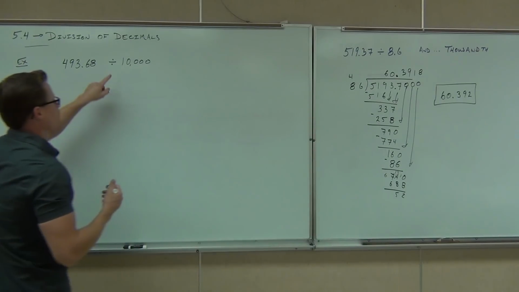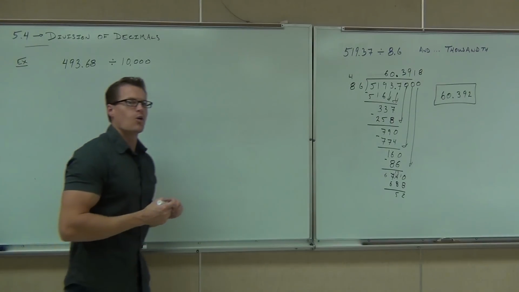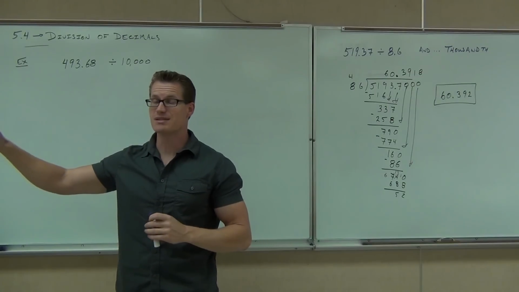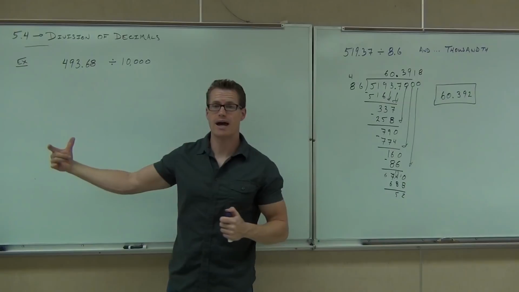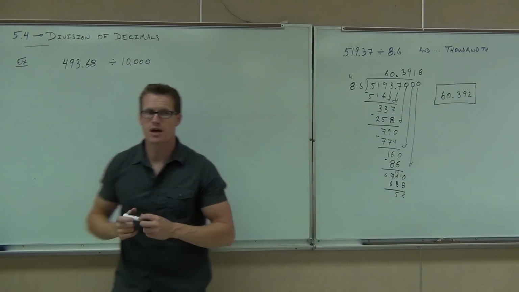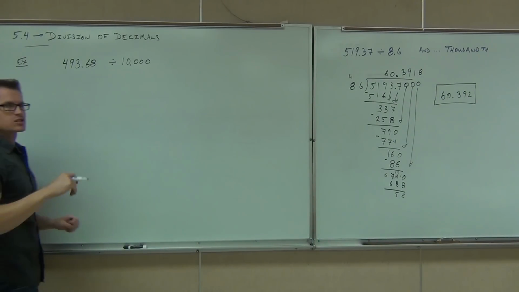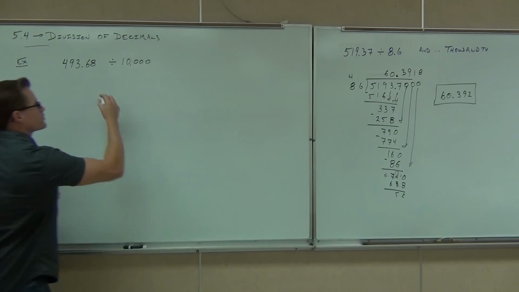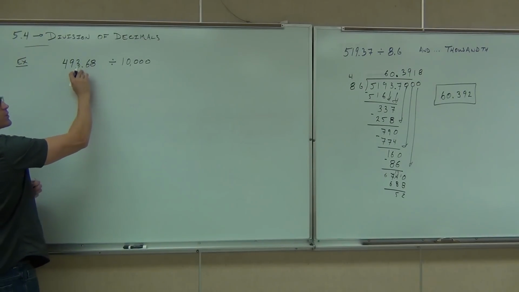So in our case right here, if we're dividing by 10,000, what this does is move the decimal place to the left, however many zeros you have. How many zeros do I have? 4 zeros. It's going to take this number and make it smaller by a factor of 10,000. That means I'm going to move this decimal place 4 places. Which way?